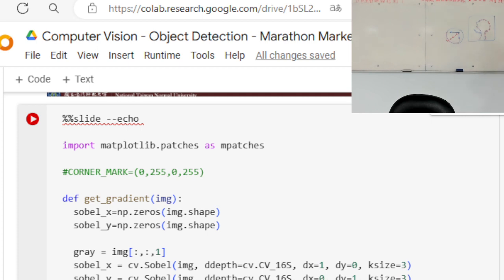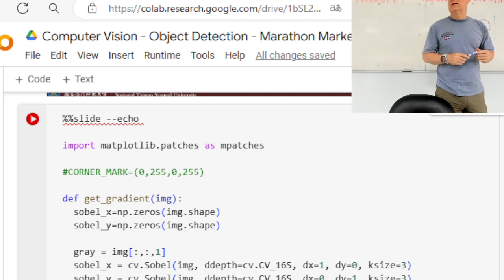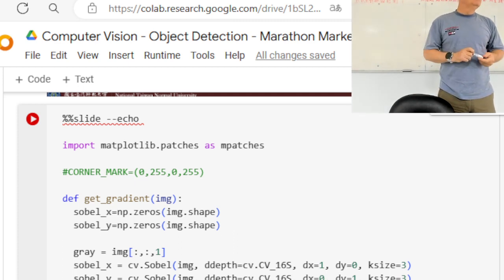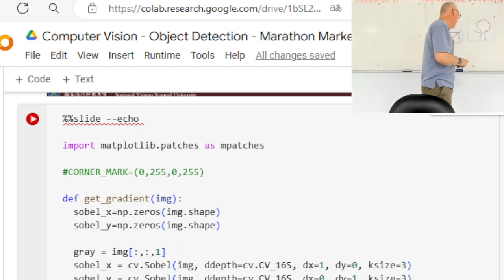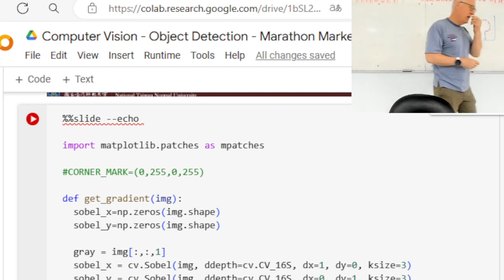So now we want to calculate the angle of this gradient, and how do we do that? It will be the inverse tangent of dy and dx, right?